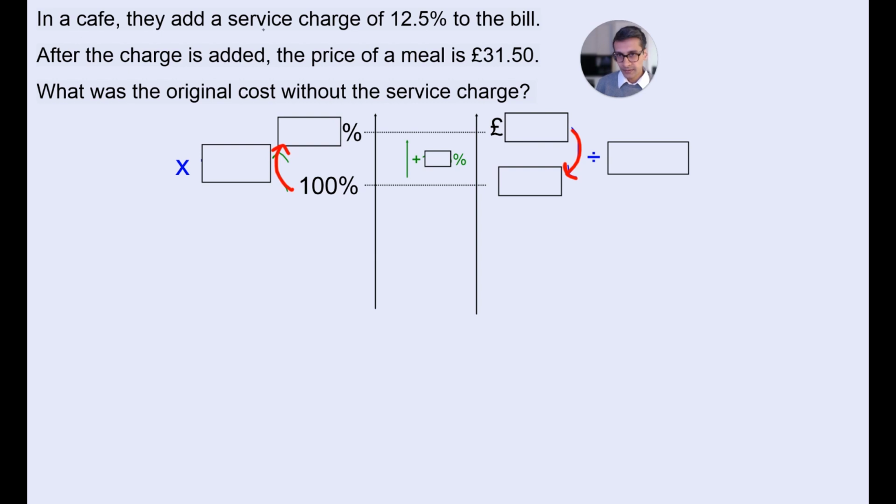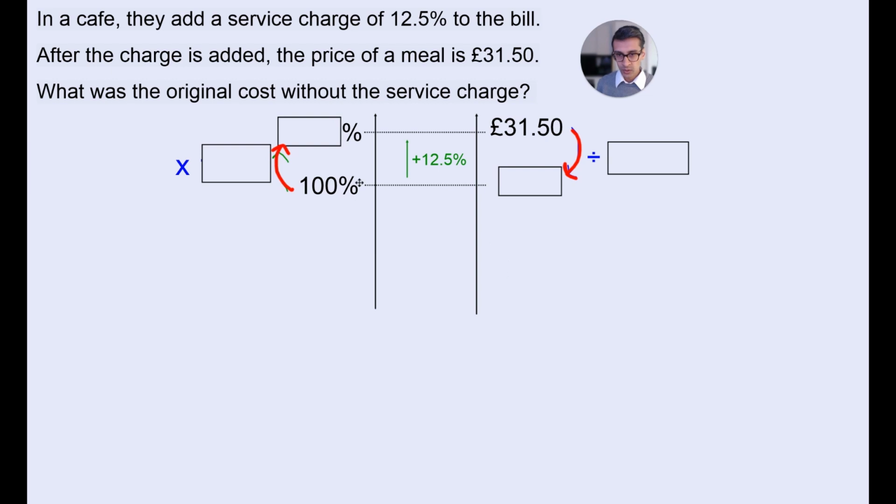All right, so in a cafe, they add a service charge of 12.5%. So that's what we're adding, 12.5% here. After the charge is added, the price of the meal is £31.50. So that means that's our price, £31.50.